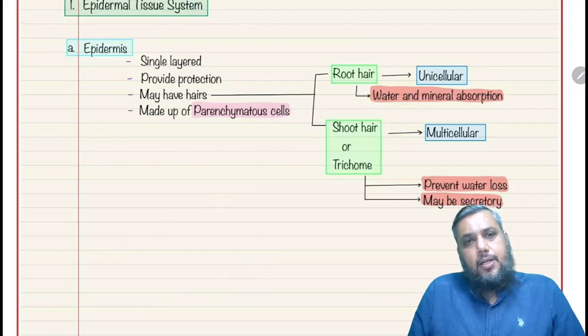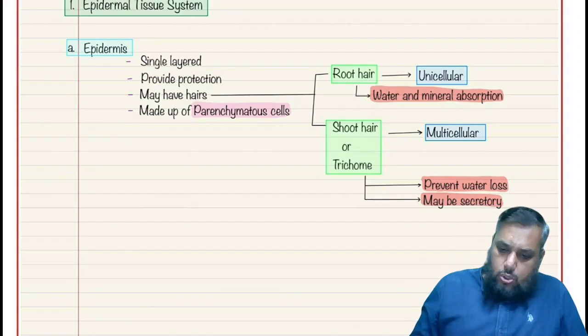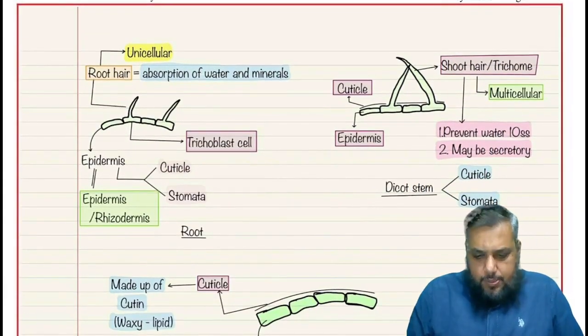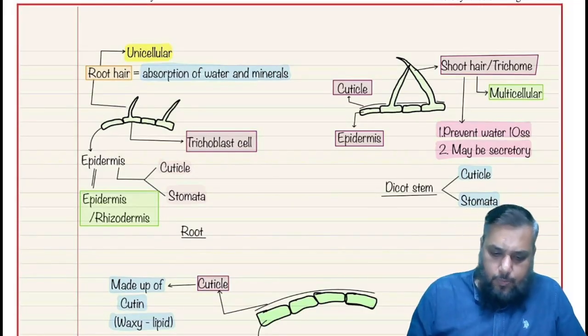So it is a single layer made up of parenchymatous cells, and this epidermis, in the case of root and the stem, shows the presence of appendages, that is lateral outgrowths, which are called hairs. So we see the presence of the root hairs and the stem hairs, shoot hairs, which are called trichomes.